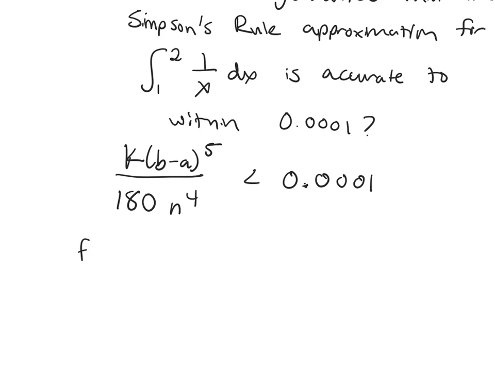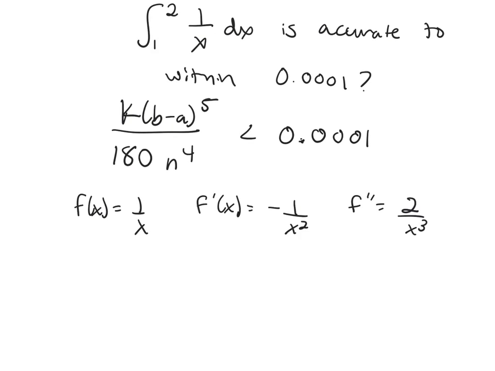So we're going to have to take a bunch of derivatives to figure out what K is. My function was 1 over x, and yesterday we took its derivative and got negative 1 over x squared. We took a second derivative and got positive 2 over x cubed. Those were all calculations we did yesterday.